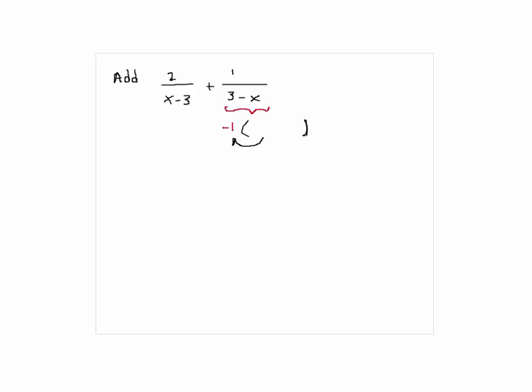Maybe use the microphone. You can tell me. Martha? Negative x plus 3. Okay. What times negative 1 gives me 3? Let's start with that. Negative 3.